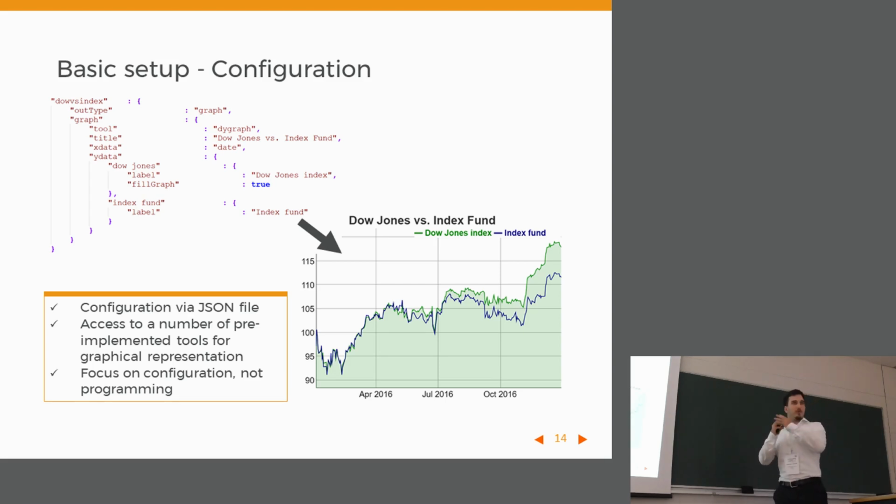And again, we don't want our users to do a lot of programming, but instead a lot of configuration. So we want them to have an interface which is quite intuitive. And we again chose JSON files in order to specify what you want to visualize and how you want to visualize it. And then you can go from those basic pivot charts to some more advanced graphics.